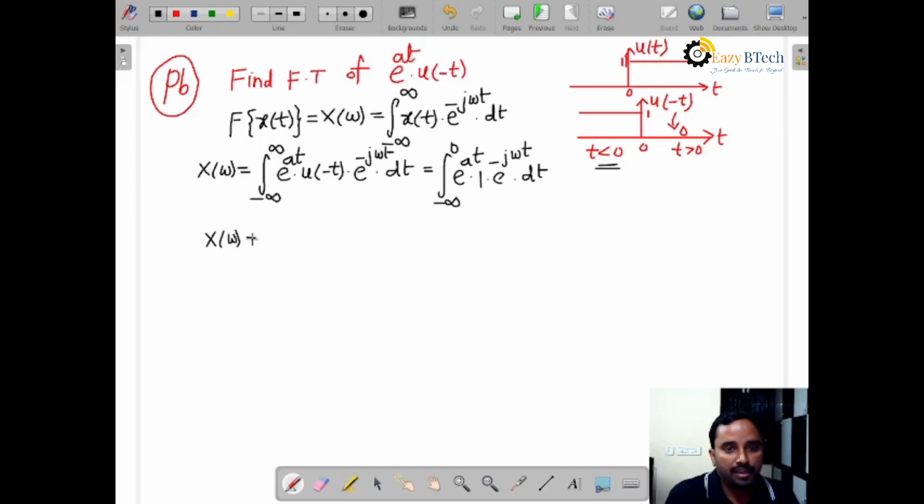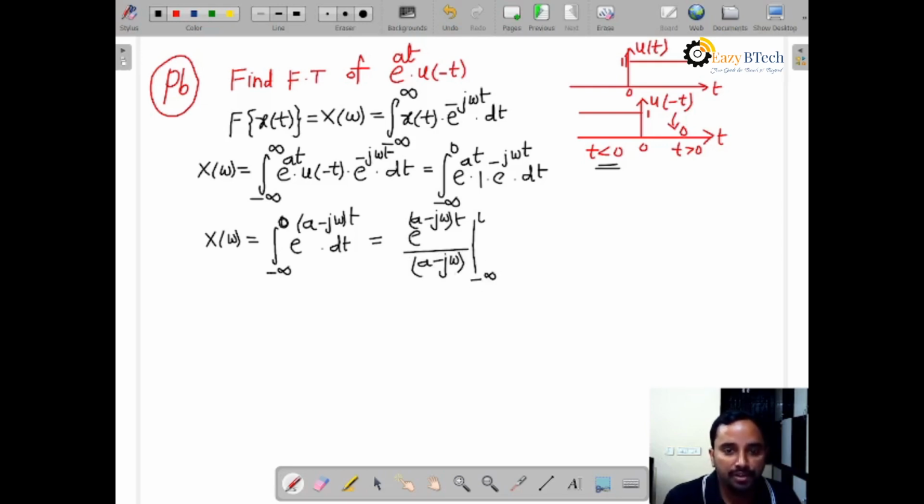So X(omega) is equal to the integral from minus infinity to 0 of e to the power (a minus j omega)t. T is common, I have taken t common. So do this integration: e to the power (a minus j omega)t divided by (a minus j omega), with limits from minus infinity to 0.